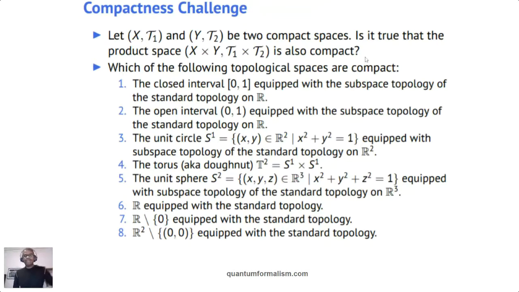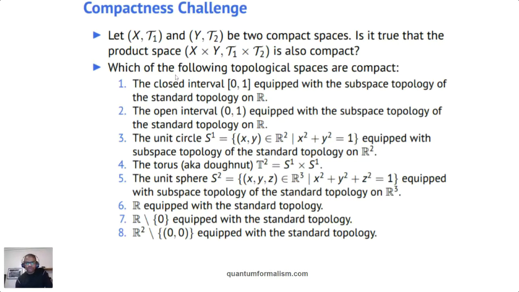I think some of you have gone through several topological invariants so far, and have seen that their product is always also the same. Well, I'll still ask it. Even if you have the intuition that it is, it's good for you to actually try to prove it. So that's a challenge for you, whether the product of two compact spaces is also compact.